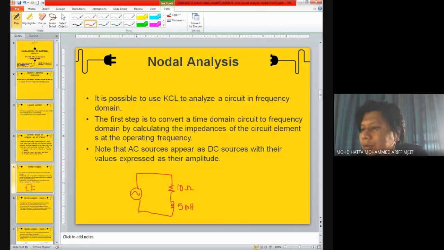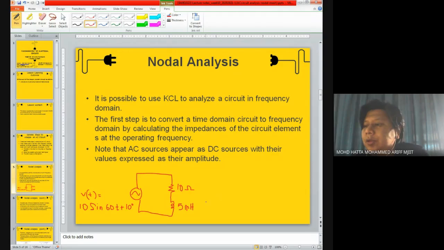Our voltage here is written in sinusoid form, for example V of t equals 10 sine 60t plus 10.